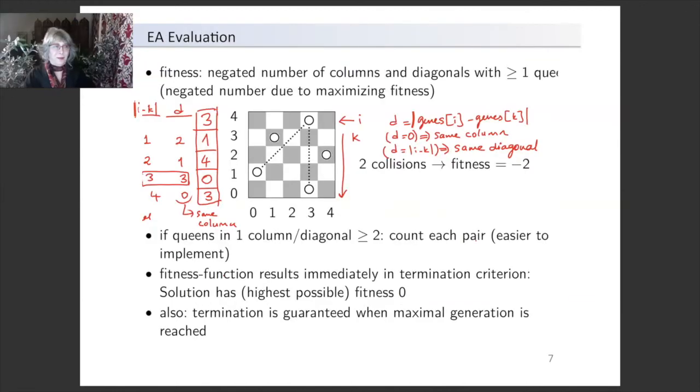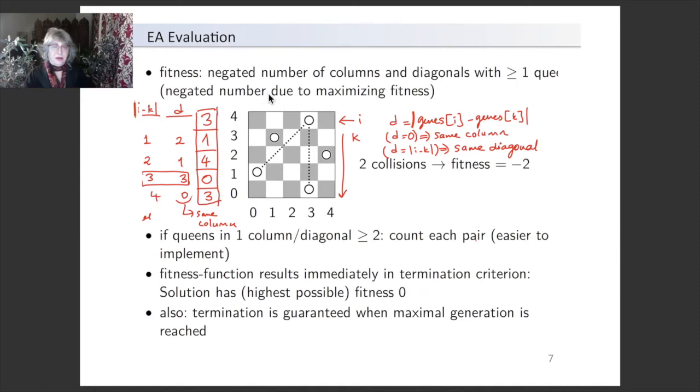In the algorithm, we need to calculate the fitness of each individual corresponding to solutions. For this purpose, we are going to use the negated number of columns and diagonals having more than one queen. Negated number is used due to maximizing fitness.